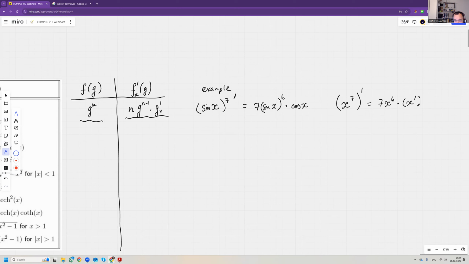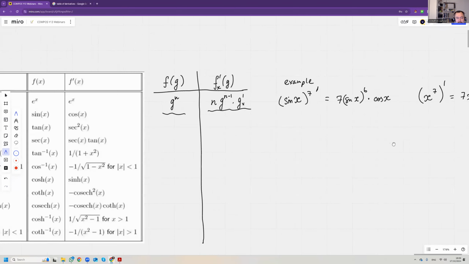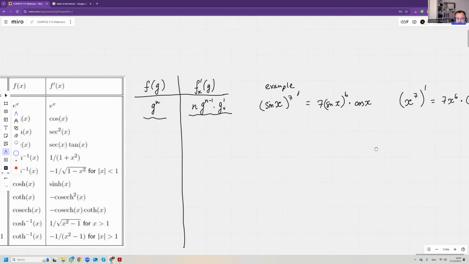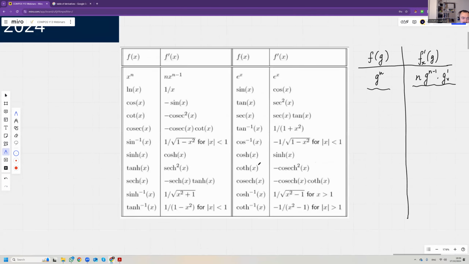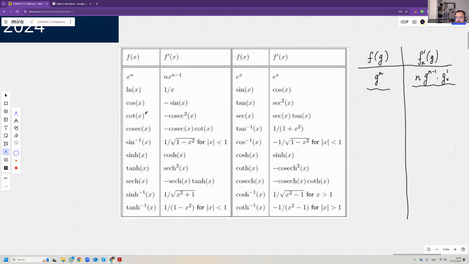But the derivative of x is 1. So it is 7x to the power 6. You're kind of using the chain rule when you're doing just differentiation. You're just not realizing it because it's just always 1.